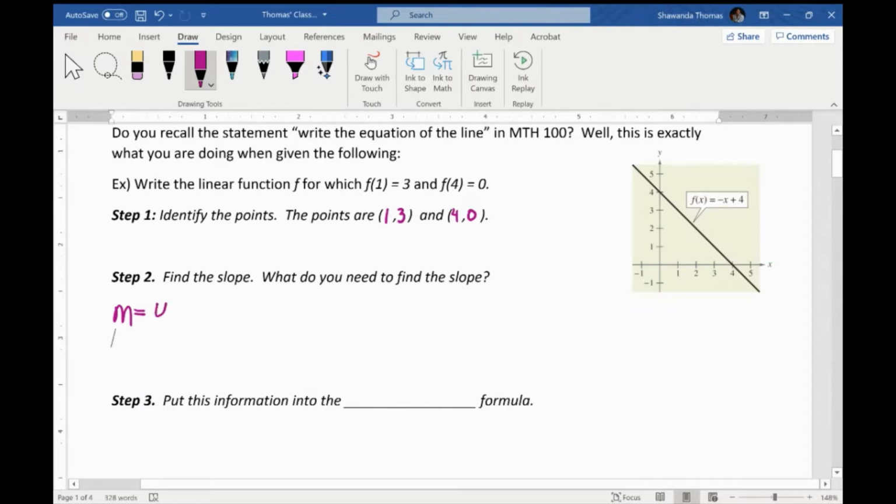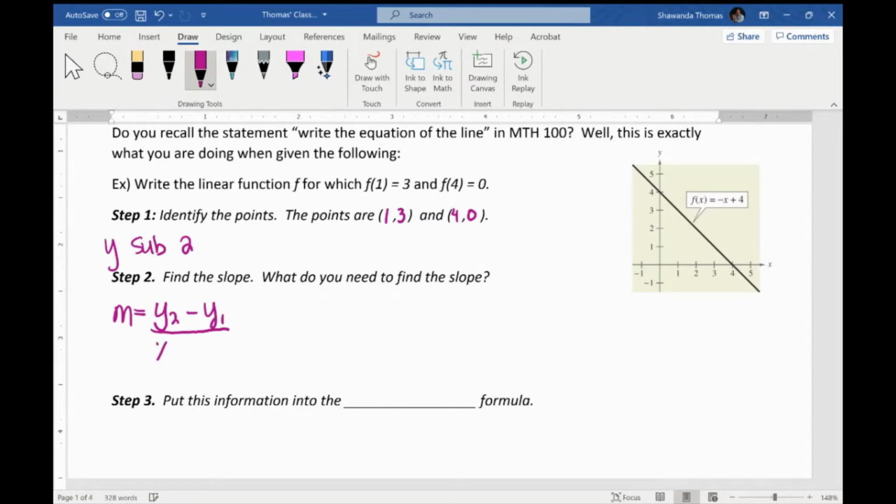Not y squared, y sub 2. What does sub stand for, anybody? Subscript. Thank you. If it was a superscript, those are called exponents.